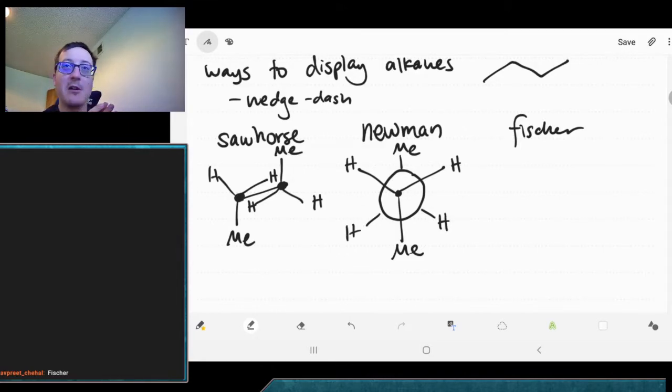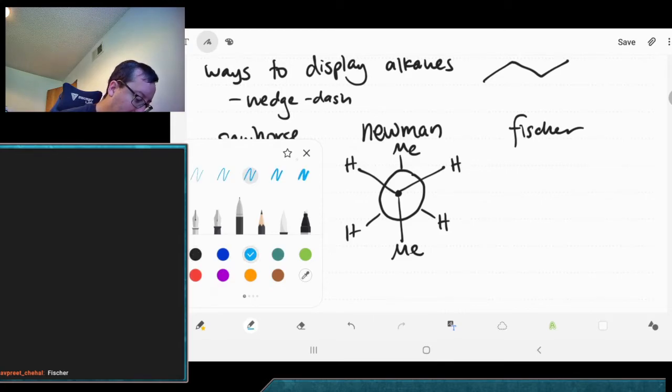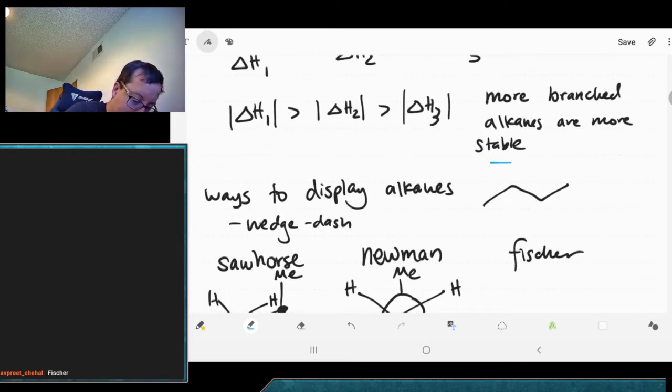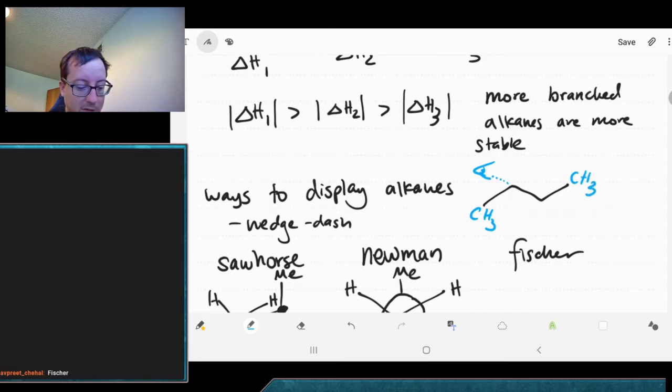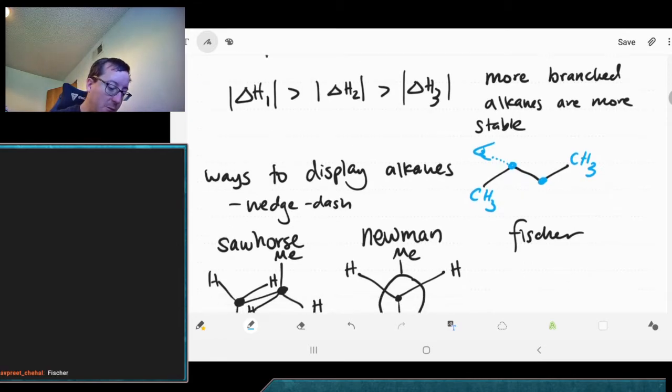So it's the same molecule. We like to draw our eyeballs, by the way. So in this butane molecule, here's our eye. We're looking at this bond right here. And we see, aha, well, that's a CH3. That's a methyl group. That's also a CH3. So if we're looking at those two carbons that I've put as dots, at what they have on them, we might get one of these two projections.